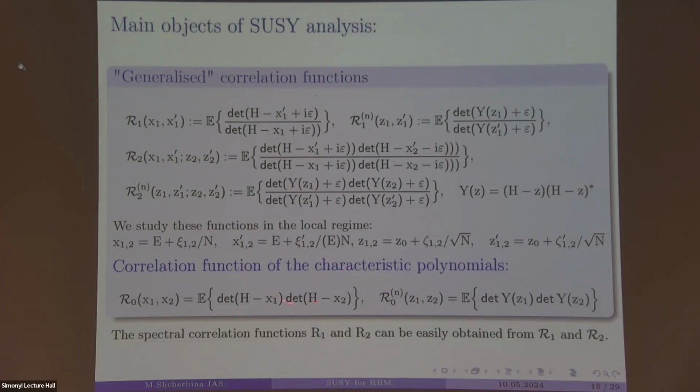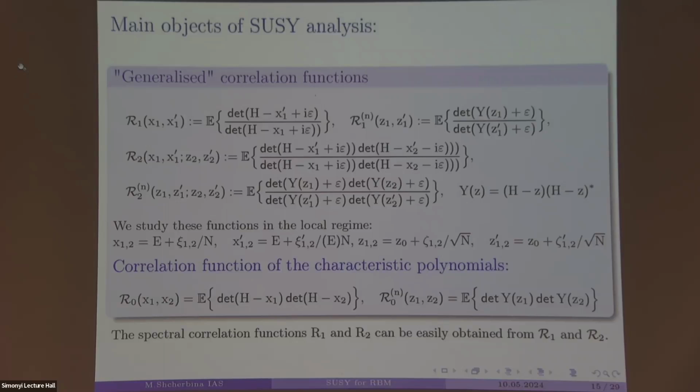And I would like also to give the definition of the correlation function of characteristic polynomials. If you have only a numerator without a denominator, it is the so-called correlation function of characteristic polynomials. They are also very important for some problems of physics.